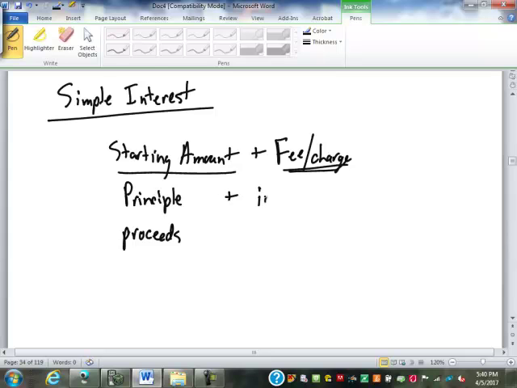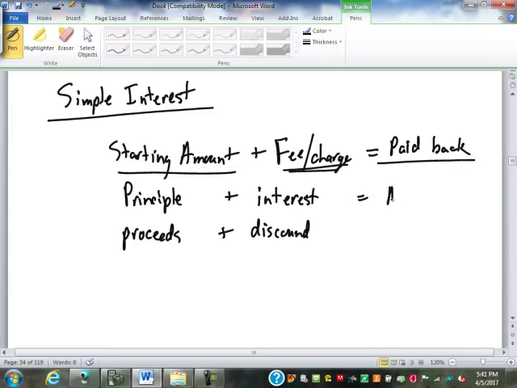In principal, that's called interest. If it's proceeds, it's called a discount. To get some amount that is being paid back. For the principal plus interest, that would be considered maturity value.